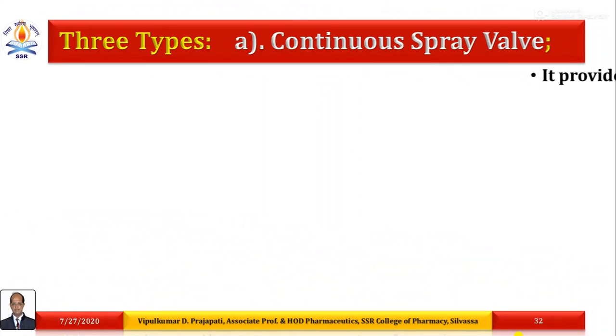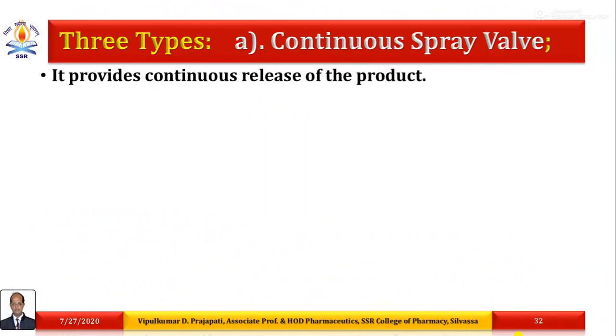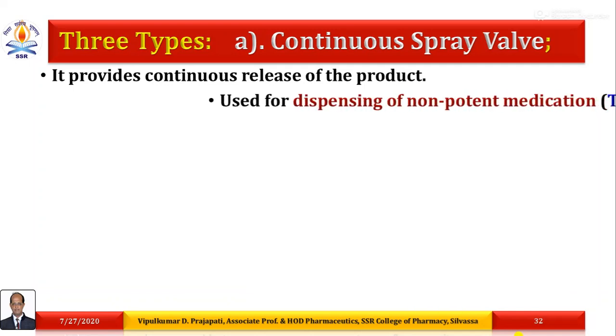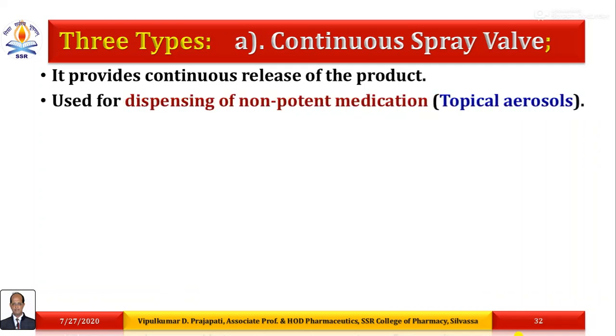First, continuous spray valve. It provides continuous release of the product after one actuation, used for dispensing of non-potent medication, that is for topical pharmaceutical aerosol preparations.